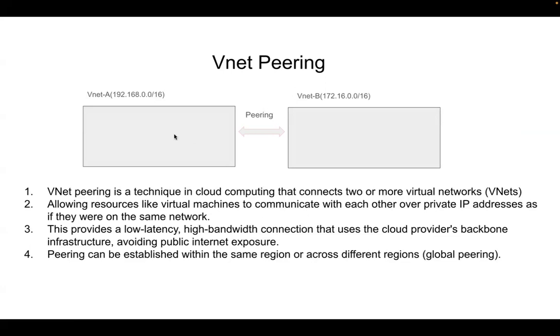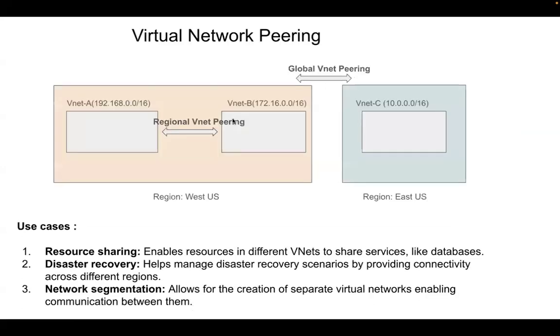This diagram will explain it clearly. So VNet A and VNet B are in the same region, like West US. This VNet C is in a different region, East US, entirely and physically located in a different region.